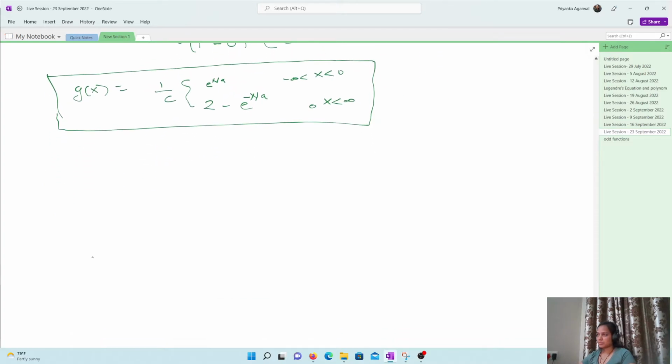So with this we can write g of x plus ct. It simply will be 1 by c e to the power x plus ct over a, and the boundary condition will now act upon x plus ct.